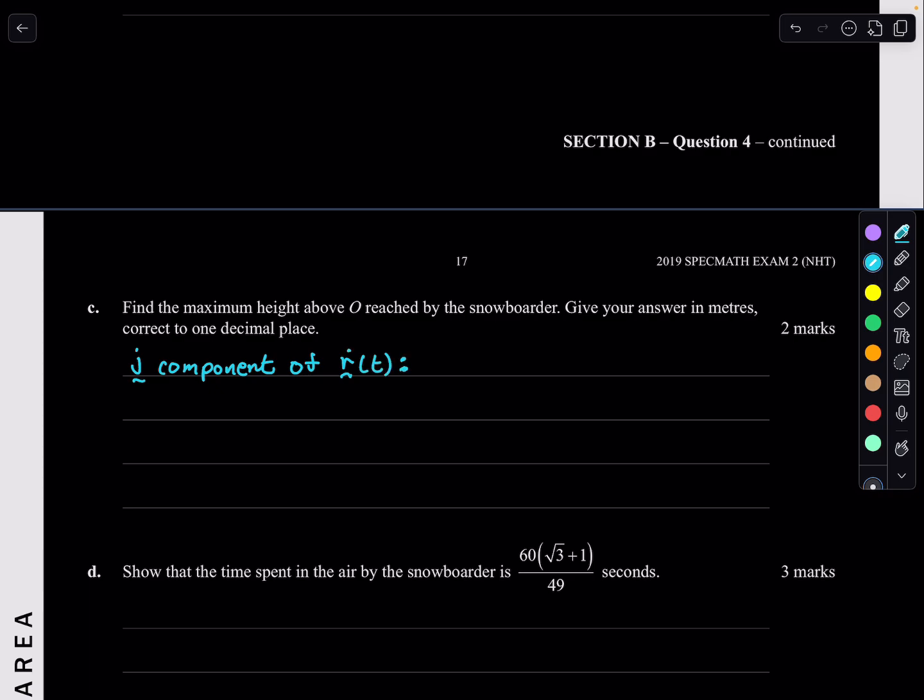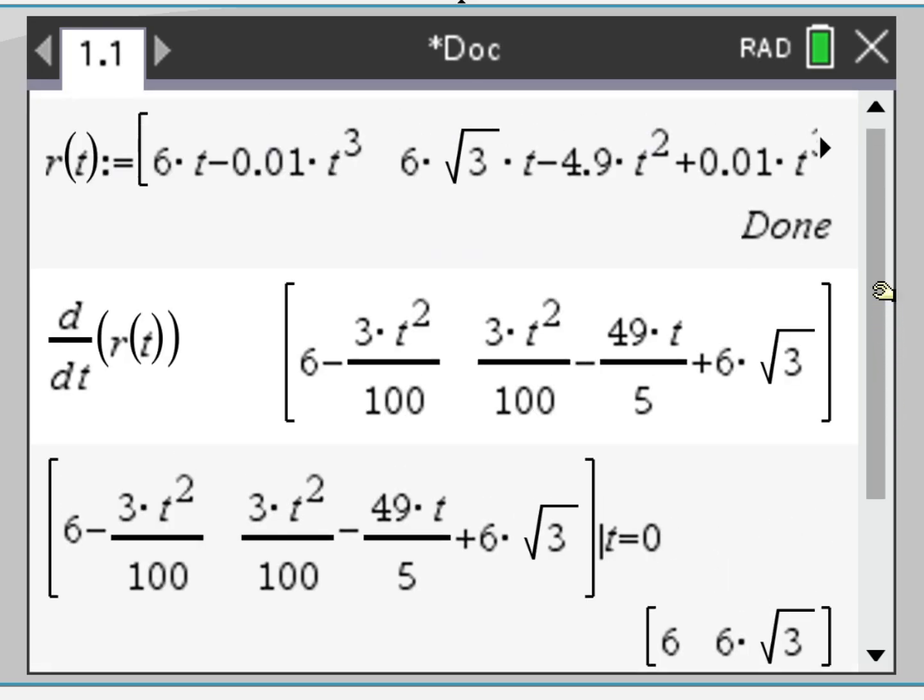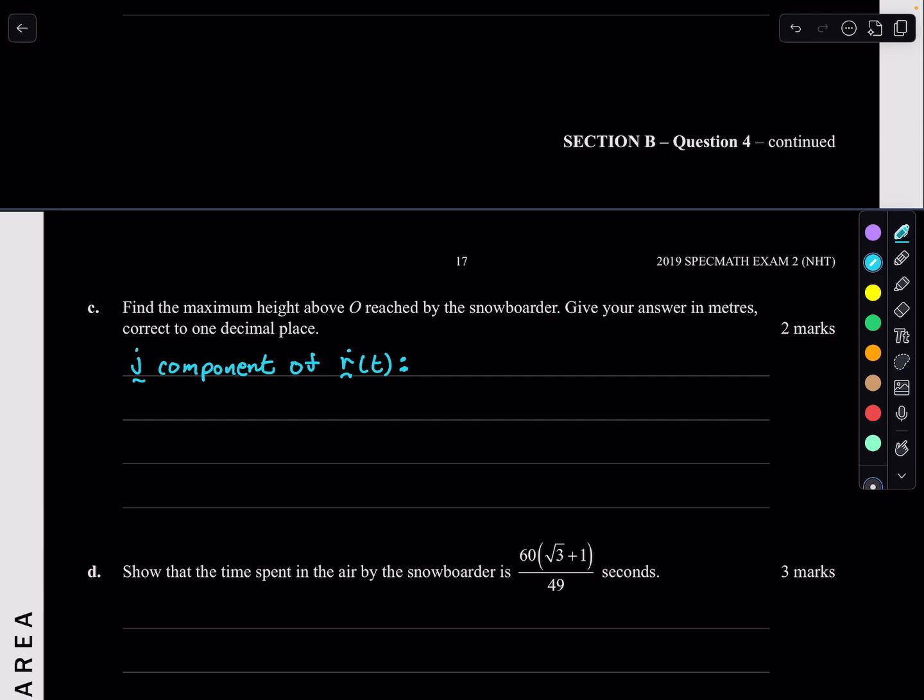Going back to our CAS, it's this part over here. So it's 3t squared over 100 minus 49t over 5 plus 6 root 3. And remember, it equals 0, because we know that the vertical component at that maximum height always equals 0.